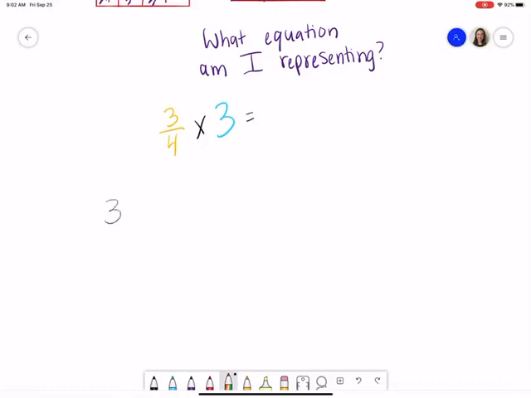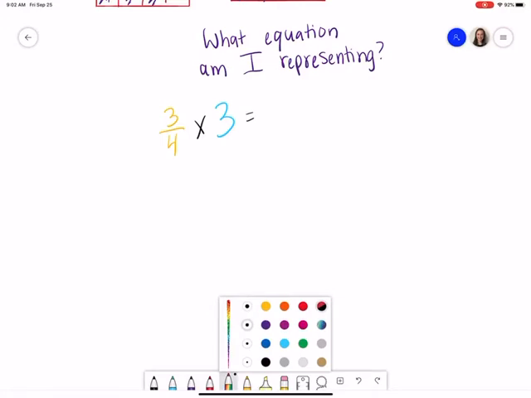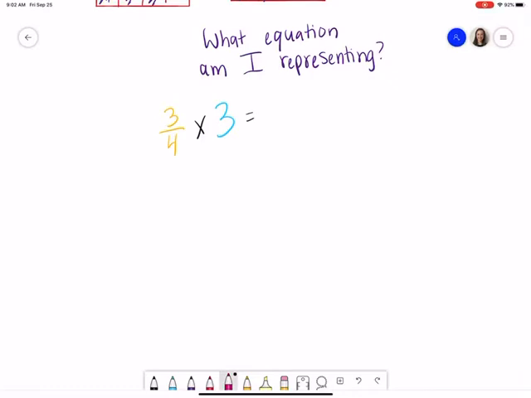We have, let's use a different color, 3/4 times 3. So we could say, Randy has 3/4 of a sandwich.